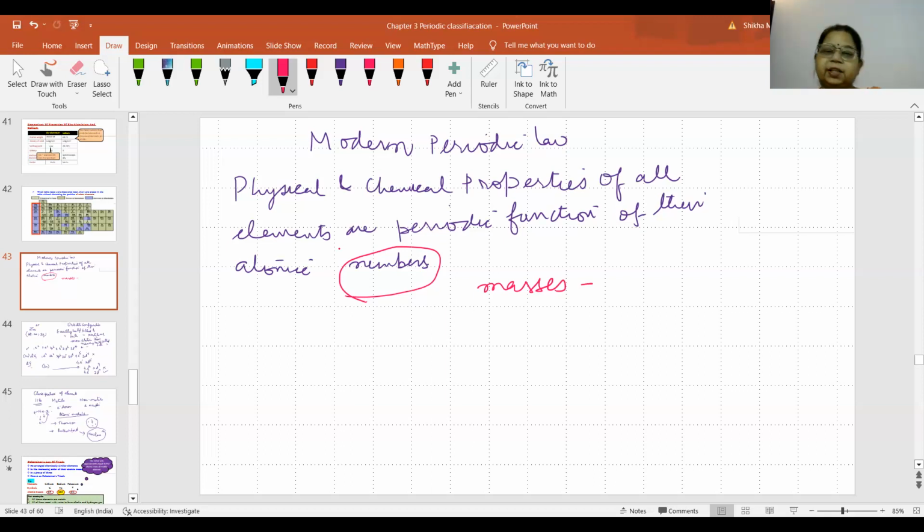So for understanding the modern periodic law, we have to be very clear about the electronic configuration of elements as taught in chapter 2. How many of you are very clear about writing the configuration in terms of SPDF and then converting it into orbit configuration of 2, 8, 18, 32?